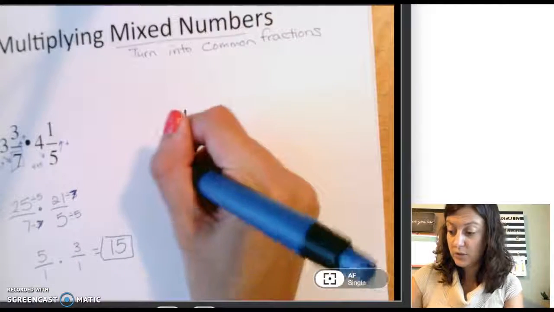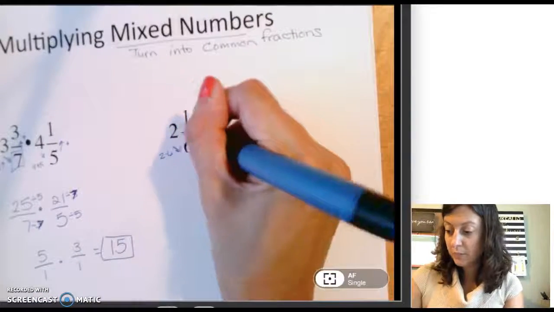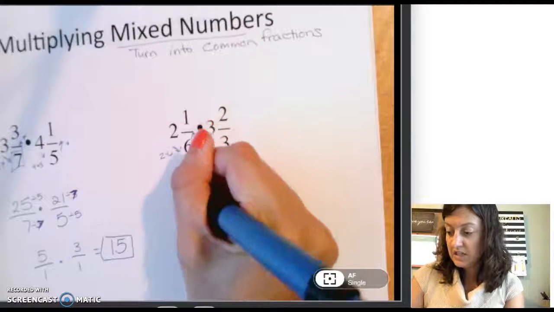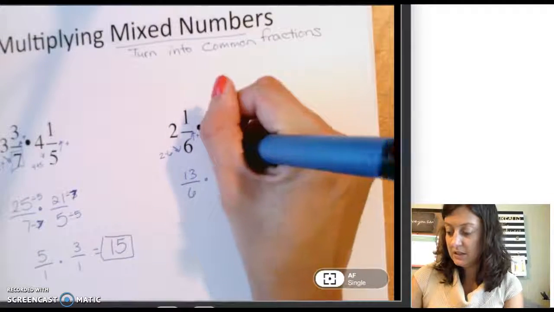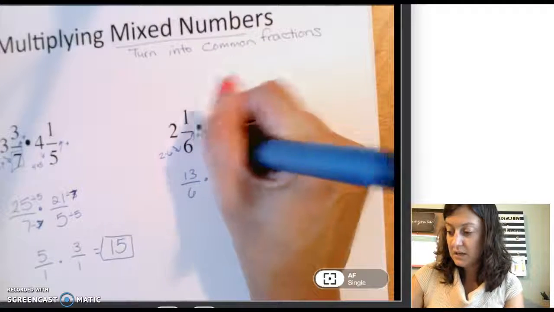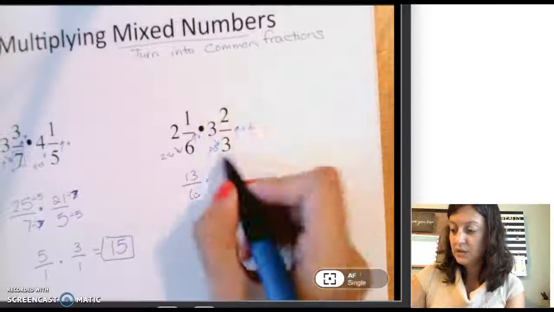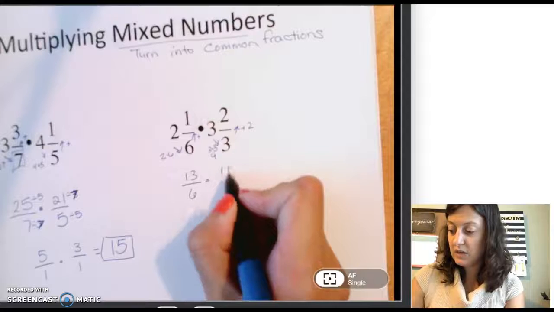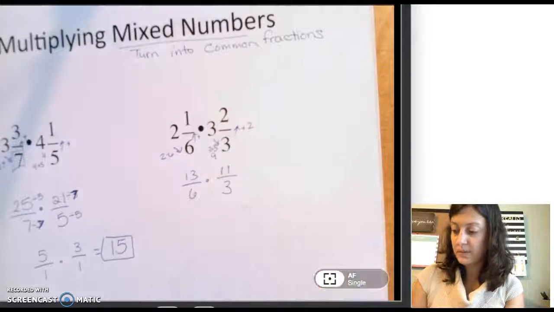Same thing here. 2 times 6 plus 1 is 13 sixths times 3 times 3 plus 2, 9 plus 2 is 11 over 3.